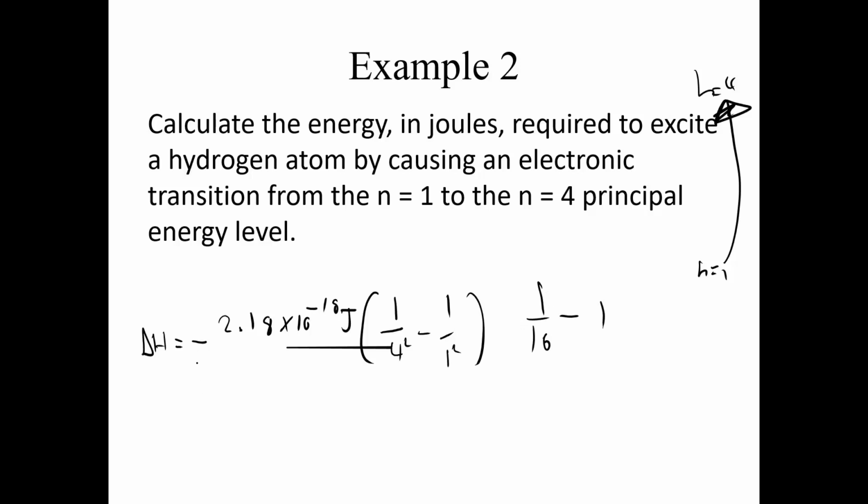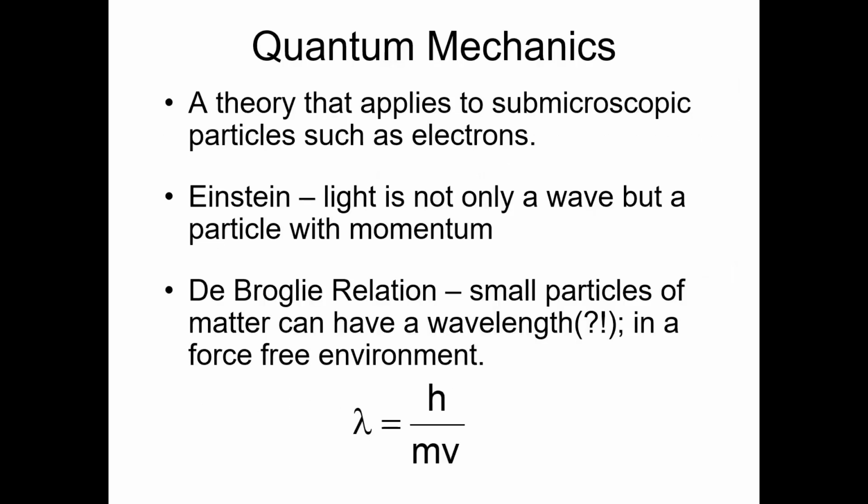And so if you have minus negative 2.18 times minus 0.9375, you get a positive number, so the change in energy is going to be equal to 2.04 times 10 to the negative 18 joules.